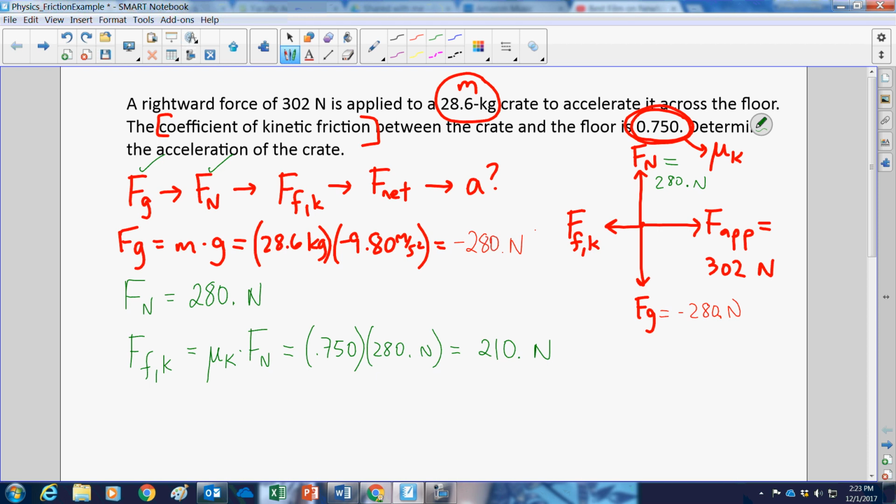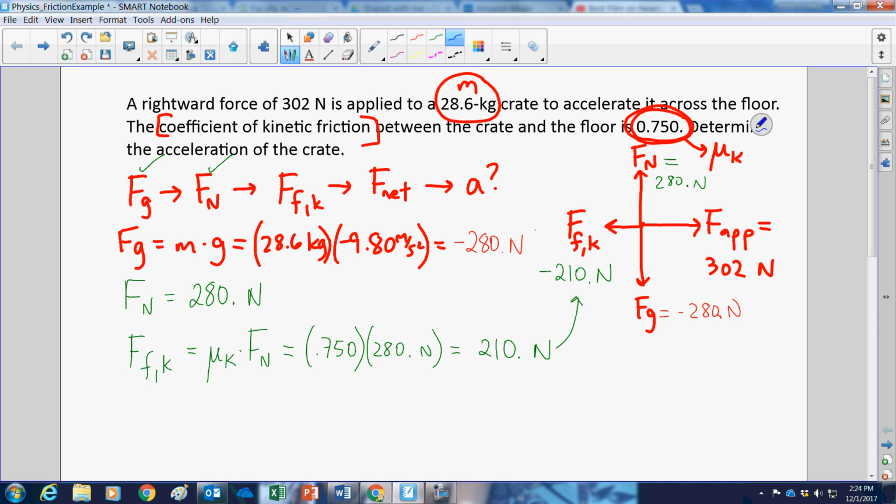Now here I should point out that on my picture, I have force of friction drawn to the left because the crate is moving right. And my equation tells me that it's 210 newtons, but really, I better make that negative. So I'm going to put that up here, but I'm going to note that since it's left, that I might need to make it negative. And that's just the fact that the formula doesn't really account for which direction you've drawn the friction arrow in.